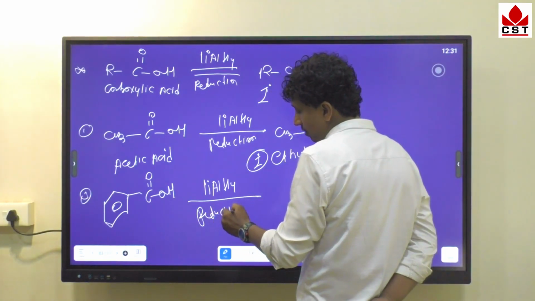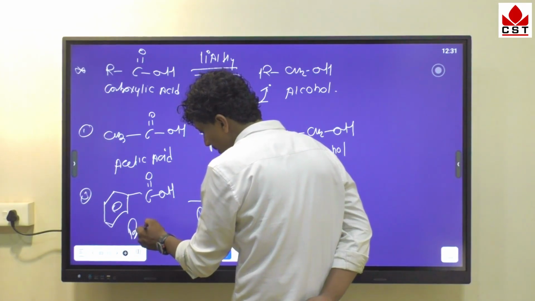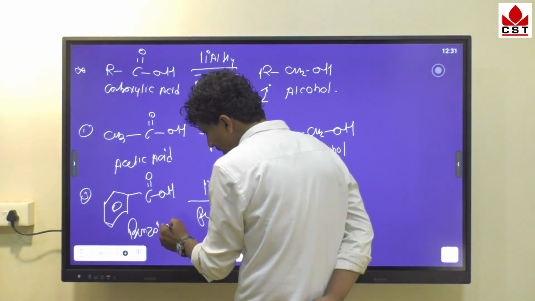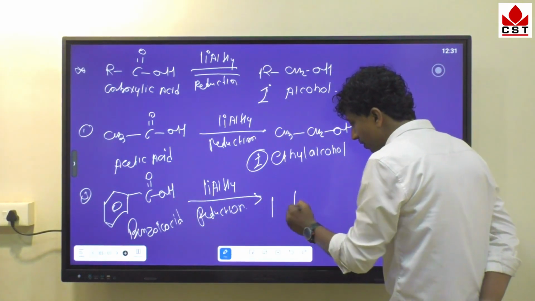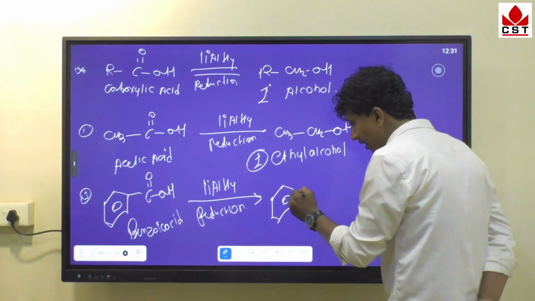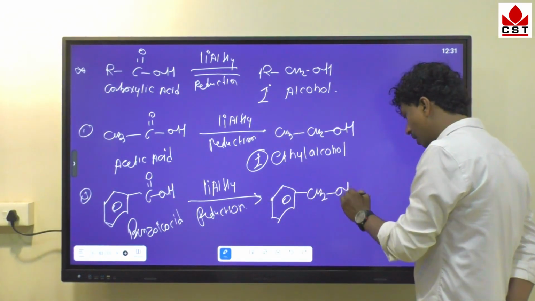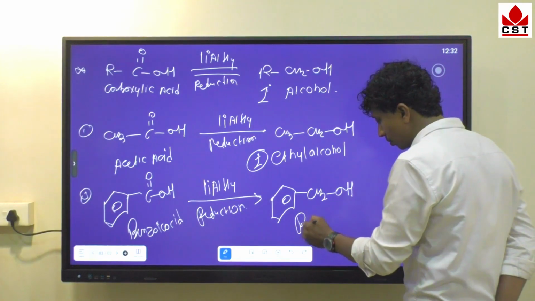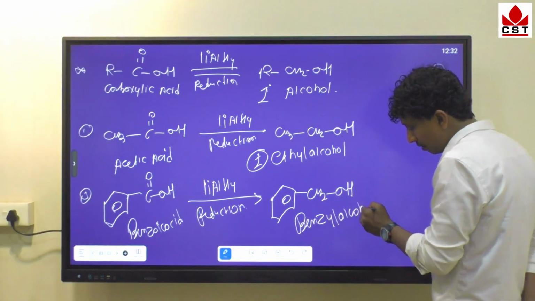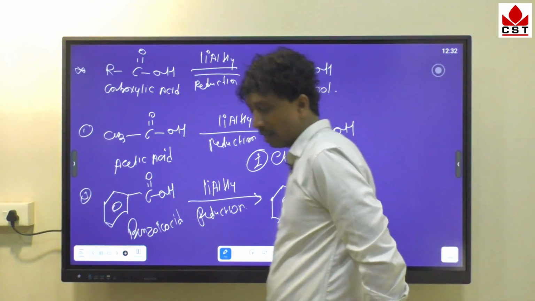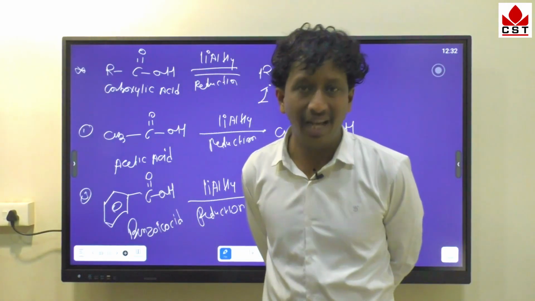This carboxylic acid, benzoic acid, on reduction forms the ring attached to CH2 and OH, ring–CH2OH. The name of that is benzyl alcohol. This is all about the reduction of carboxylic acid to primary alcohol.